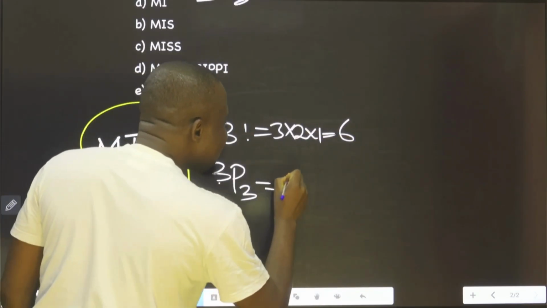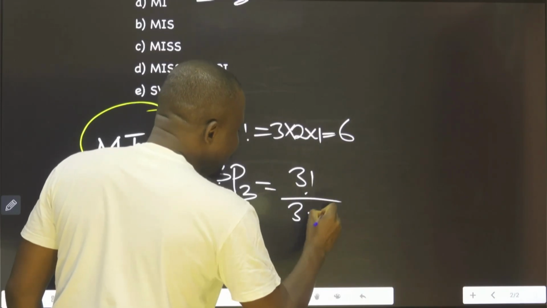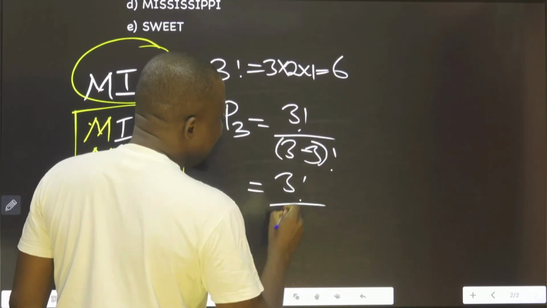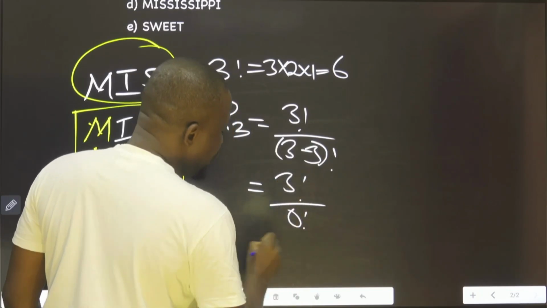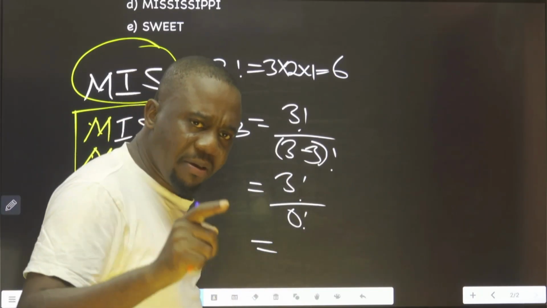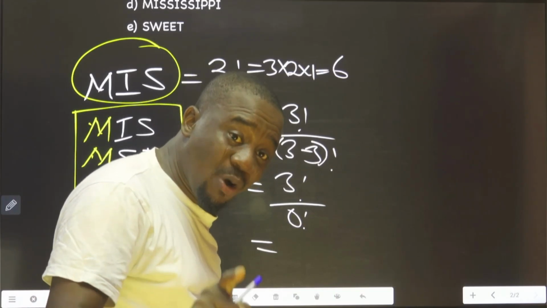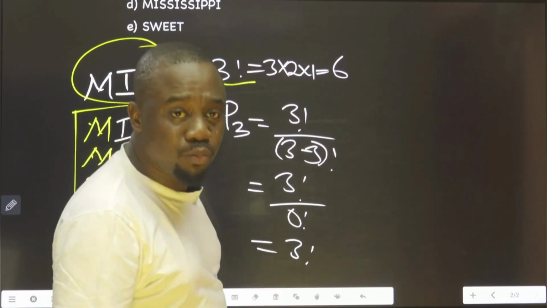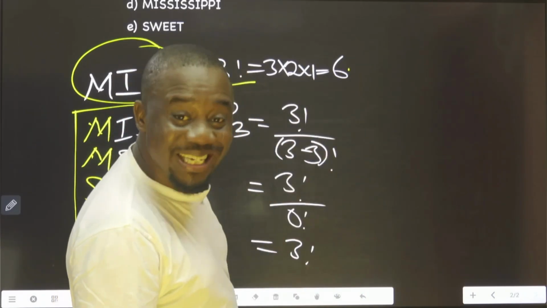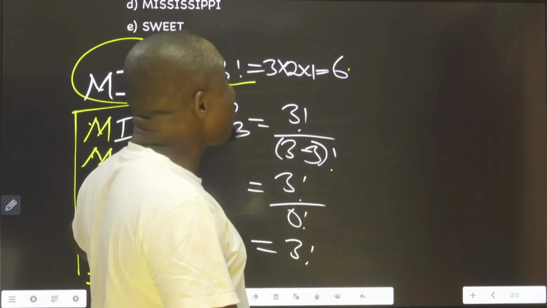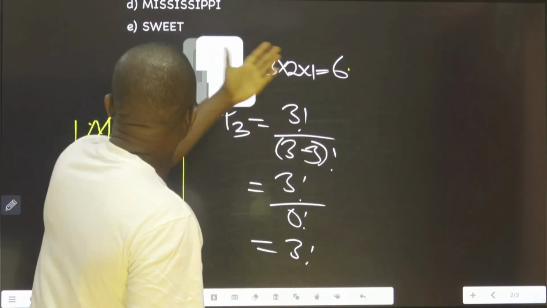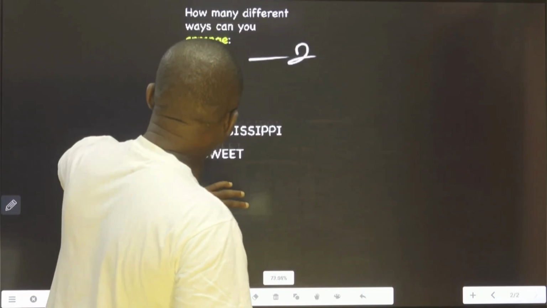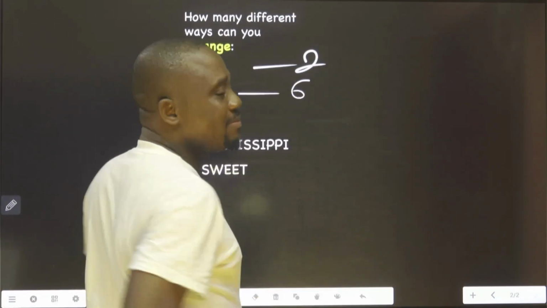This also means 3 factorial over (3 minus 3) factorial, which is 3 factorial over 0 factorial, which is 3 factorial over 1, because 0 factorial is 1, which means 3 factorial, back to this point, which is 6. There is no repetition. That is the reason why we went straight. So the answer here is 6.